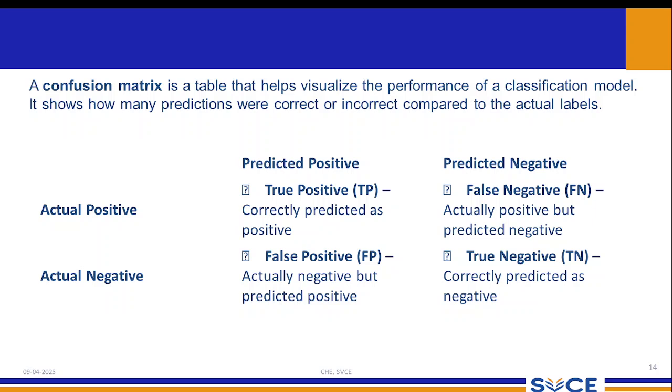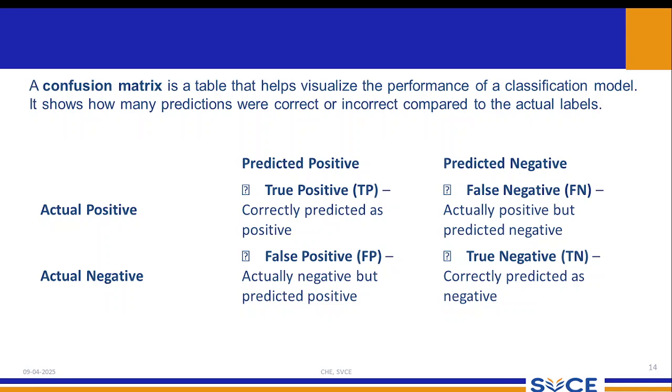So what is the actual positive? Where the predicted positive and the actual positive are the same, that is a true positive. You understand, the predicted positive and the actual positive are the same, that is a true positive. So it's correctly predicted. When you see actual negative but predicted positive, in that case it is a false positive. Actually they are negative but the predicted is positive, so it's a false positive.